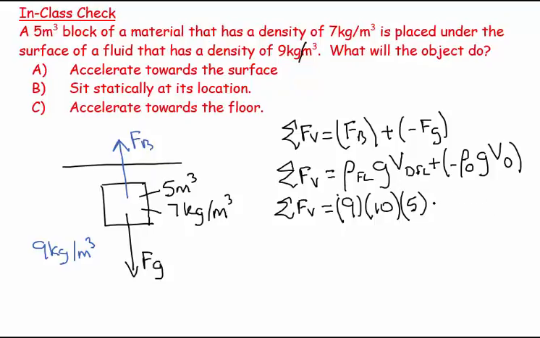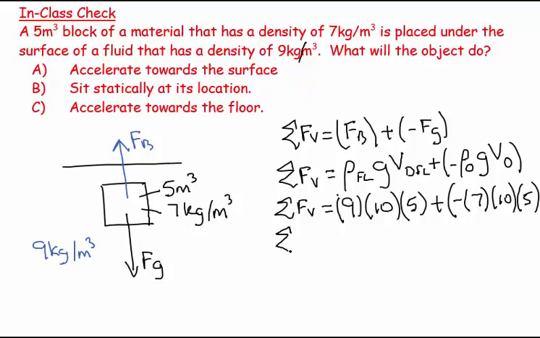And we know that, let's put a negative sign down for this, the density of the object is 7 times 10 for G, and we know that the volume of the object is the same as the volume of the displaced fluid, so this is also 5.